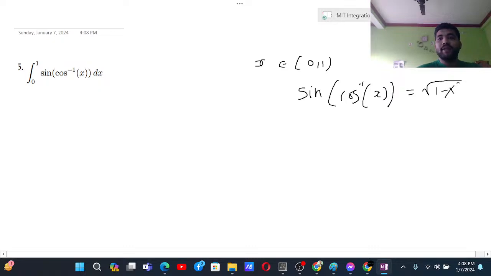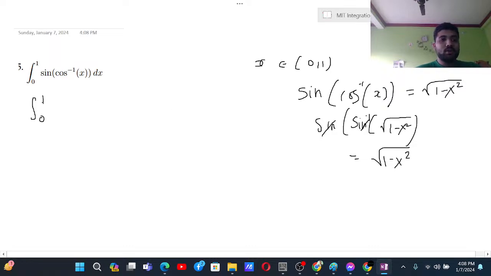So this is valid when x is in between 0 to 1. You can use that property, and that comes because we can turn cos inverse x to sine inverse of root under 1 minus x square, and now these two cancel out. That gives us root under 1 minus x square. So that's how we get it.